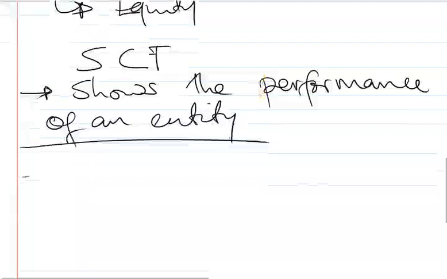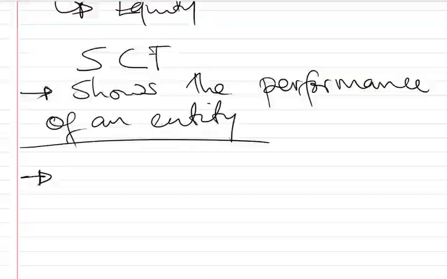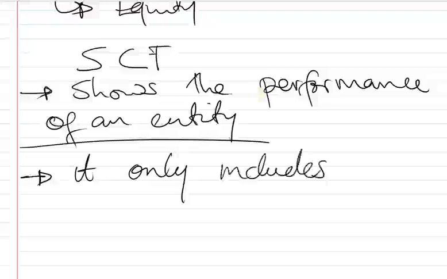Another distinct feature about the statement of cash flow is that it includes only money transactions, cash transactions. When there's been a payment, that's when we are going to record. Whenever there's a payment, we are going to record. If there's no payment, we are not going to record that expense until there is a payment. So it only includes cash transactions.